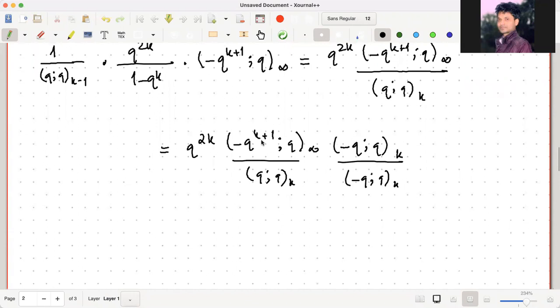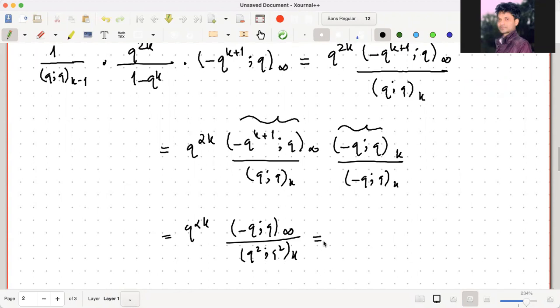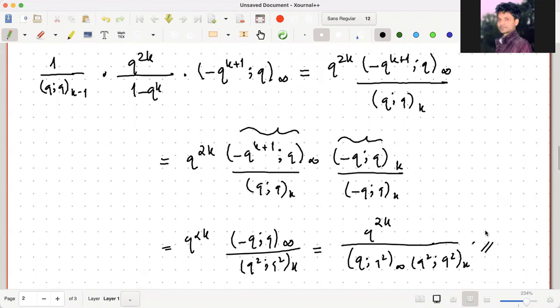Okay, so if I do that, this part and this part together, I can just club them, and this will give me (-q; q)_infinity, and on the bottom I'll have (q^2; q^2)_k. Okay, and this is by Euler's odd distinct partition theorem. So this is the generating function for distinct partitions, which is the same as the generating function for odd partitions. So I'll have (q^2; q^2)_infinity times (q^2; q^2)_k. So this is the proof for this generating function.